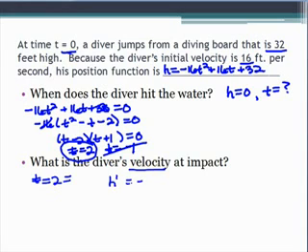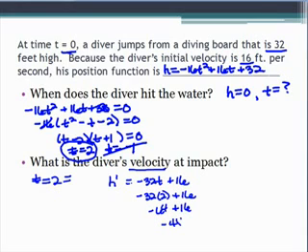So we need negative 32t plus 16. And then we can sub in the t into that expression. So negative 32 times 2 plus 16. Negative 64 plus 16 is negative 48 feet per second.